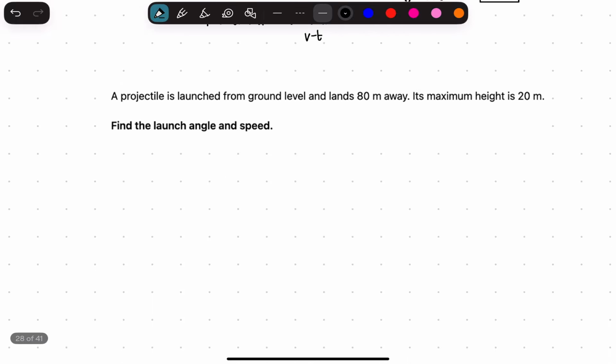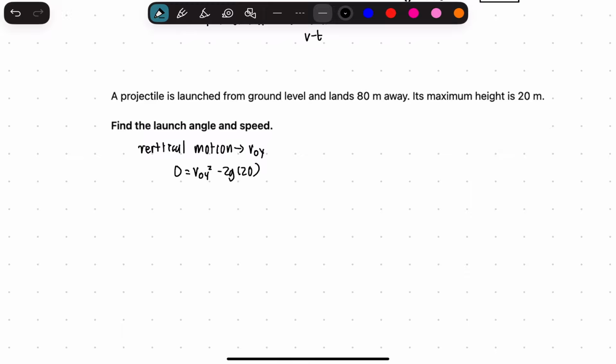A projectile is launched from the ground and lands 80 meters away. It has a maximum height of 20 meters. Okay, we want to find the launch angle and the speed. So we know that the vertical motion will give us v initial y, right? So then we can write that 0 is equal to v initial y squared minus 2g times 20.